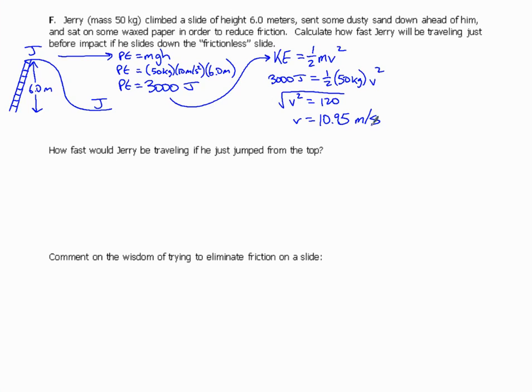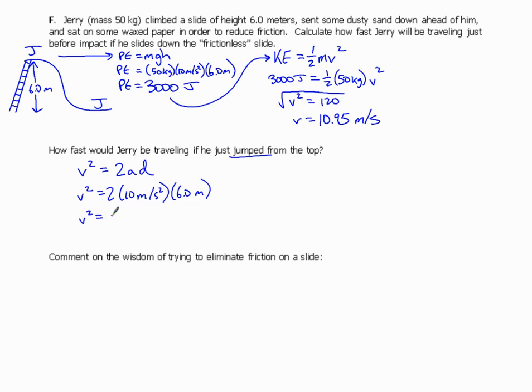Another question, how fast would Jerry be traveling if he just jumped from the top? So using an older formula, velocity squared equals twice the acceleration times the distance. Acceleration of gravity 10, distance is 6 meters.